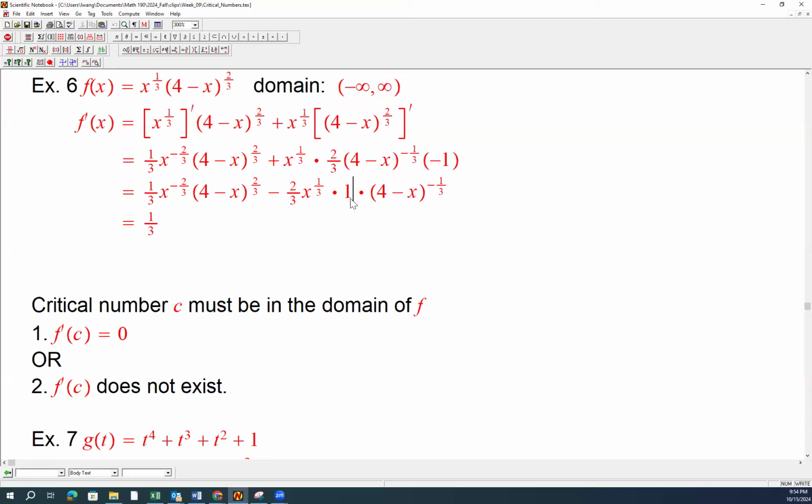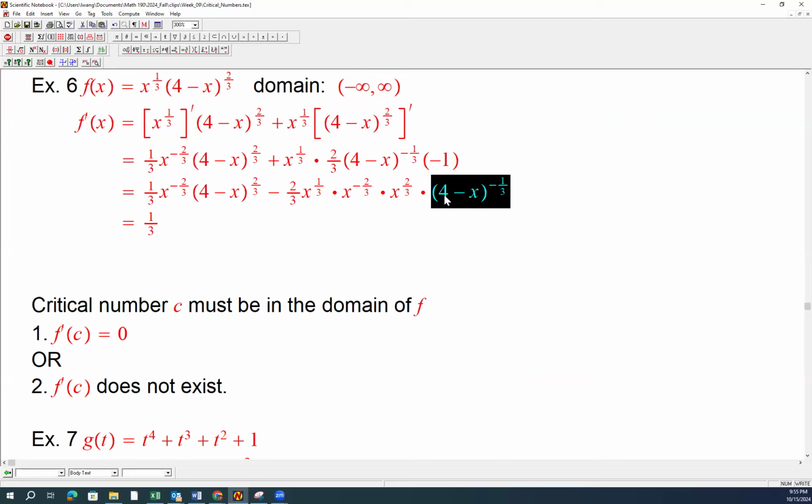We make this one with the lowest power, multiplied by the lowest power with plus. These two multiply, you have the same base, adding exponents, you get x raised to the power 0, and x raised to the power 0 equals 1. That's the one we're making. So this way this term has x raised to the power negative 2/3. Both have x raised to the power negative 2/3.